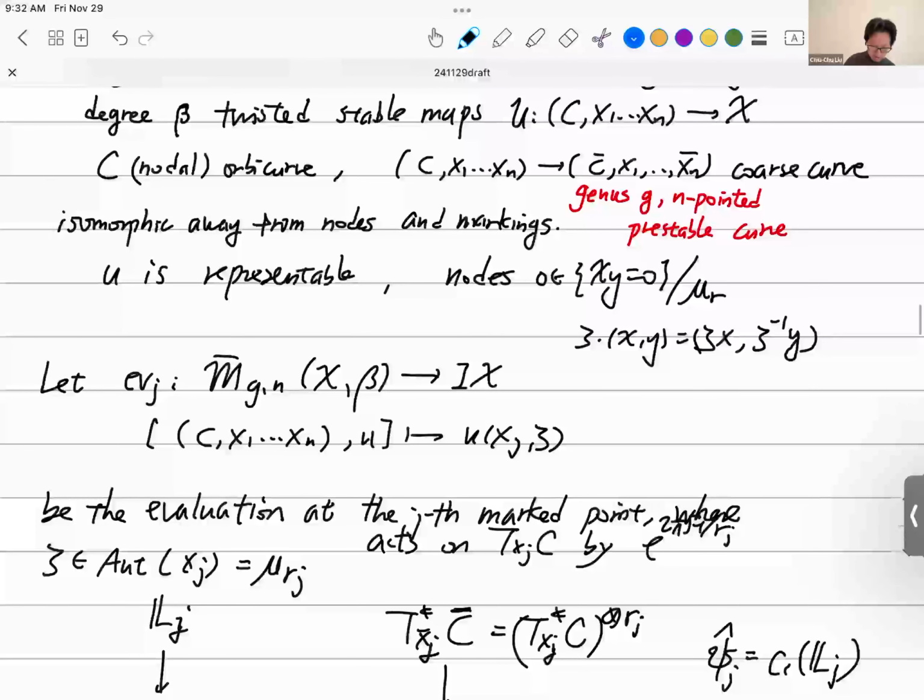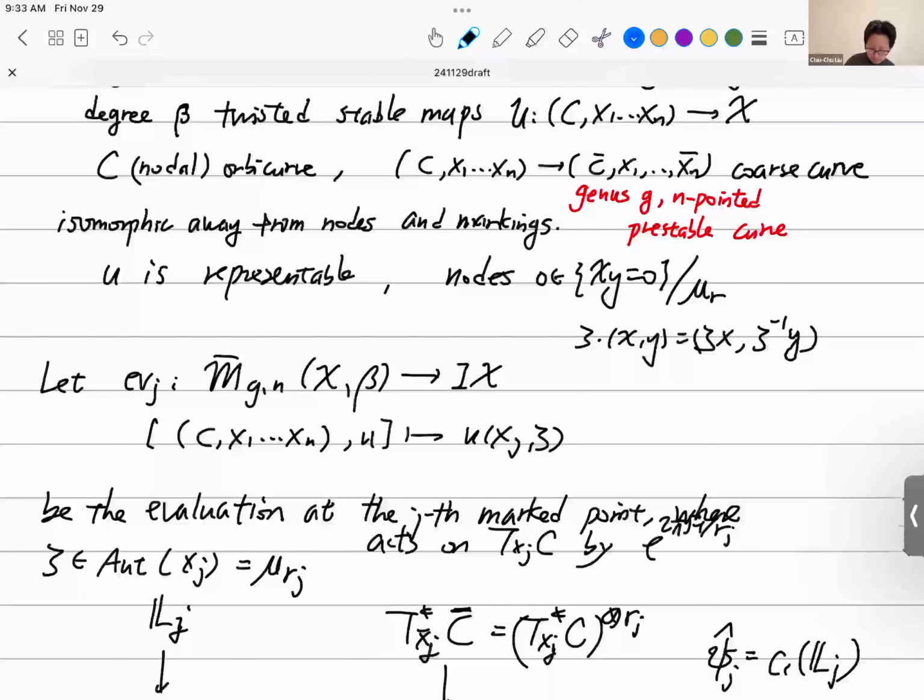So if you are given this twisted stable map, which is an orbifold curve, possibly with nodes and marked points, and a morphism from this orbifold curve to the orbifold X, we send it to x_j, zeta. Then you will get a point in X together with an automorphism of that point, which is exactly a point in the inertia stack.